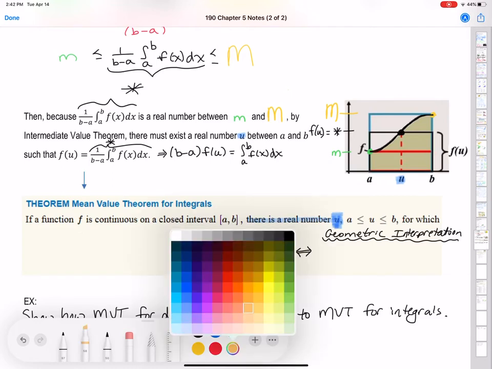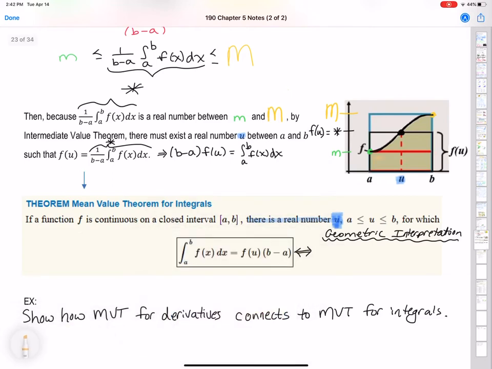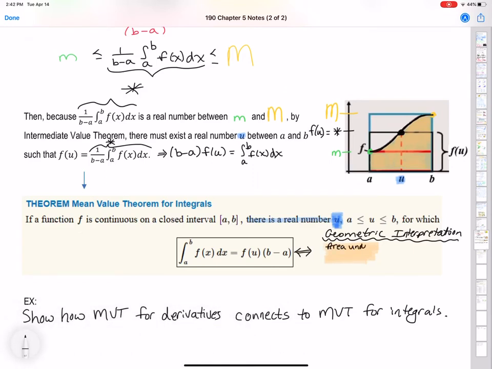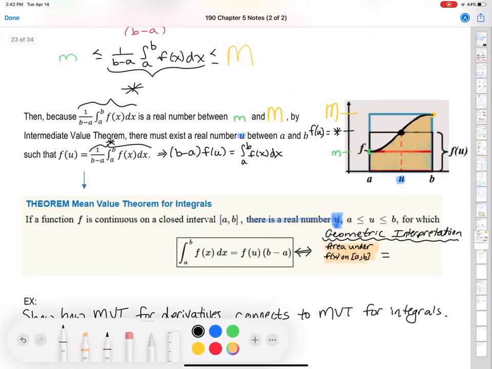It's that area that's already shaded here, right? I'm just reshading it in the same color. So this area right here is, in words, the area under f on our closed interval.